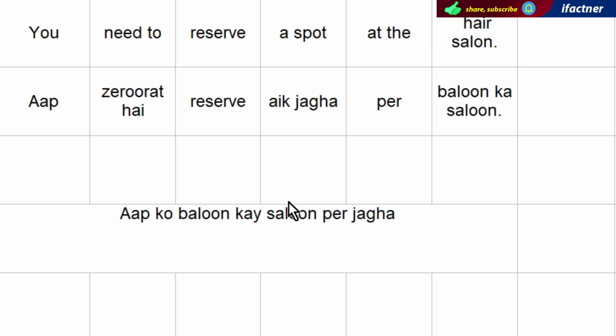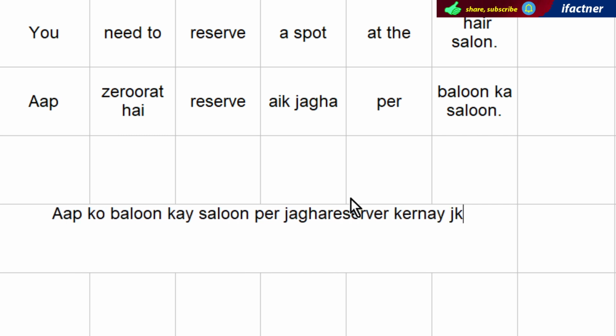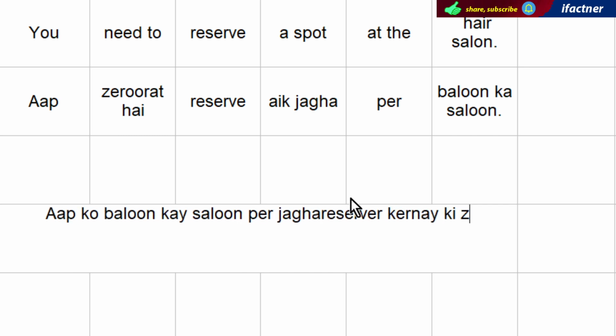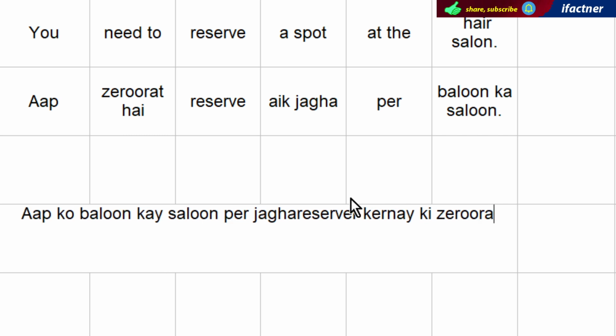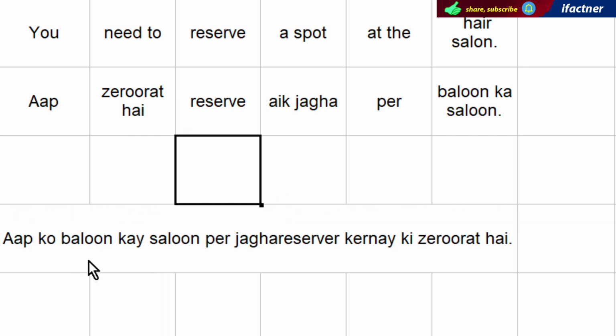So usually we don't say एक जगह but simply जगह. जगह रिजर्व करने की ज़रूरत है. So in Urdu, first comes the subject, then the object, and then the verb.